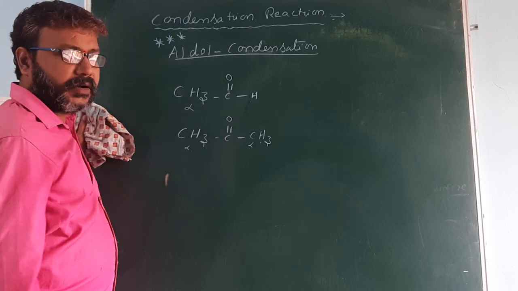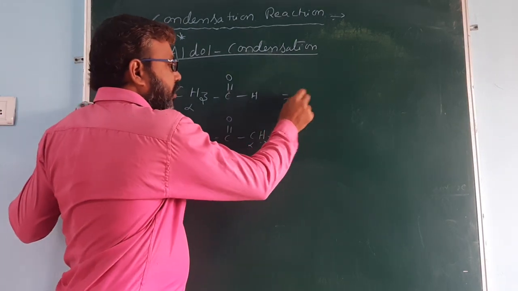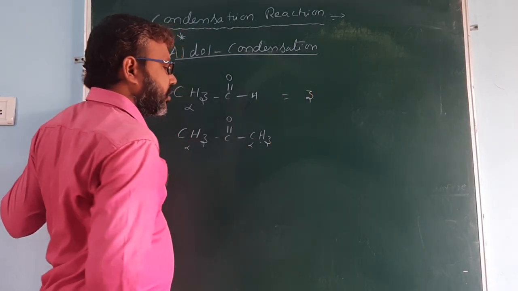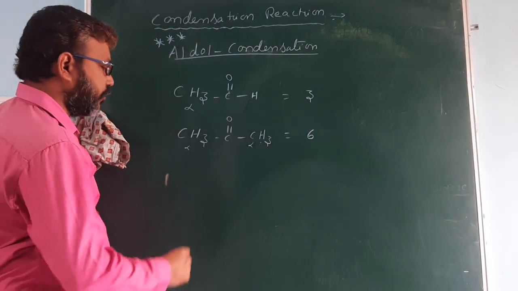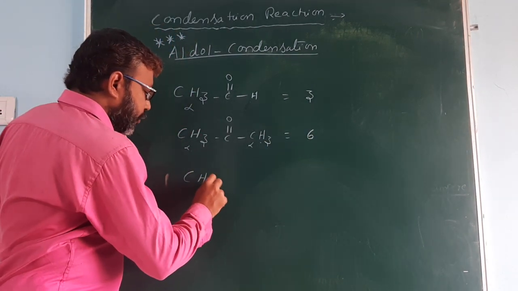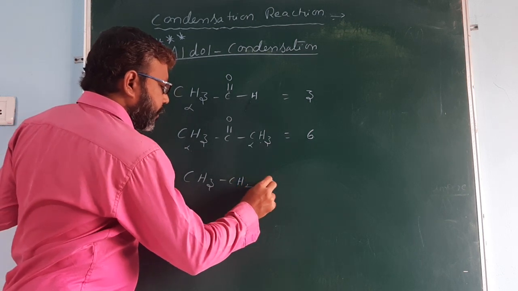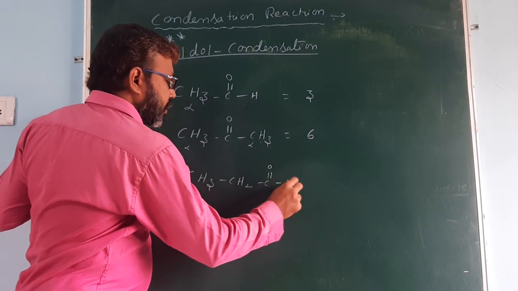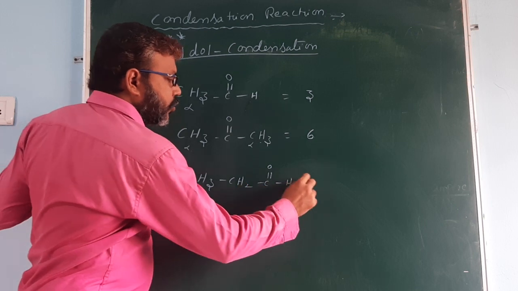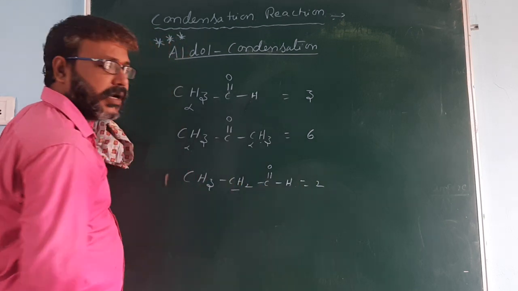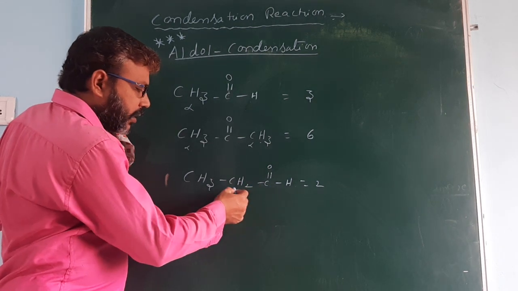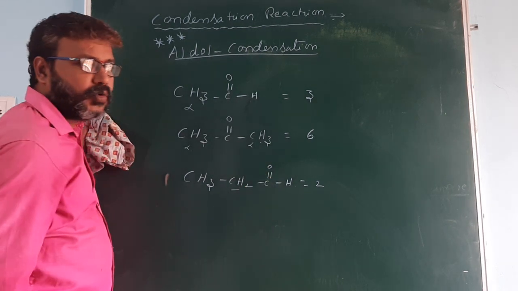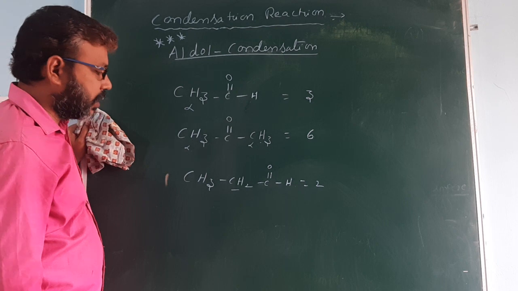Propanaldehyde has 2 alpha hydrogens on the alpha carbon. The alpha carbon is the carbon directly bonded to the C=O group.